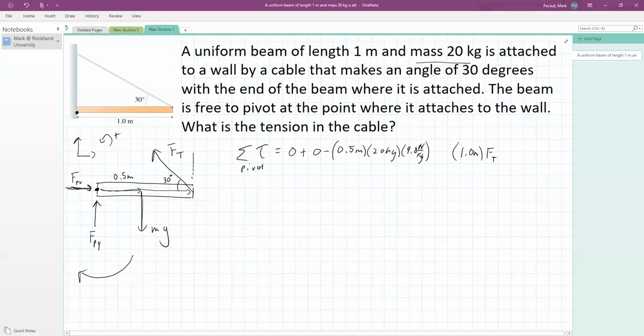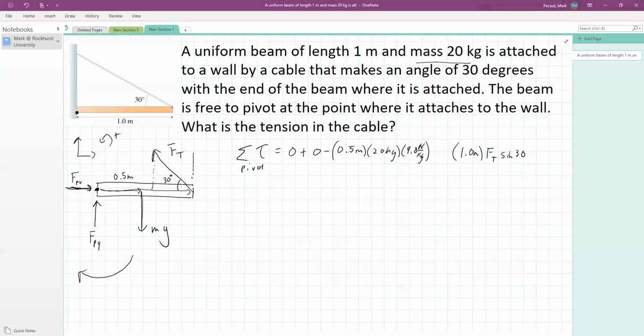That vertical part of the tension force is also going to be this part. Notice that's opposite of the angle 30 degrees. So we're going to use the sine of 30 degrees there to pick off the perpendicular part of the tension force, the part of the tension force that's perpendicular to our R vector.